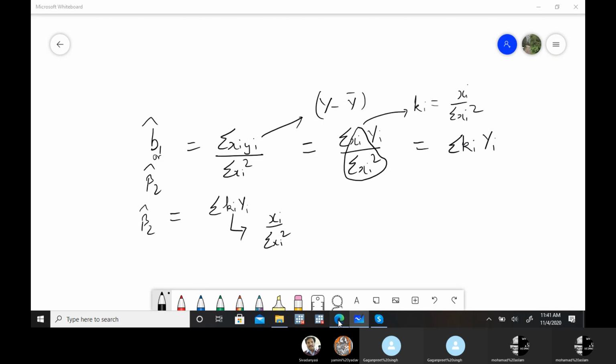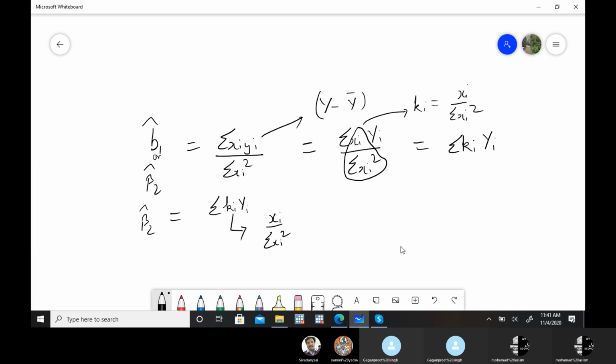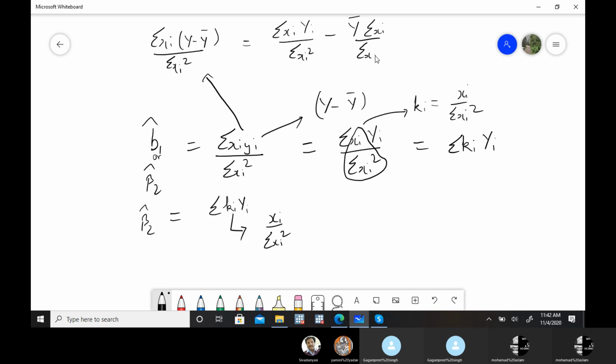If you break down this term into two terms, then you will see where this value disappears. This term I can write as summation xi, then within a bracket y minus y mean, upon summation xi square, which is equivalent to summation xi yi upon summation xi square minus y mean summation xi upon summation xi square.